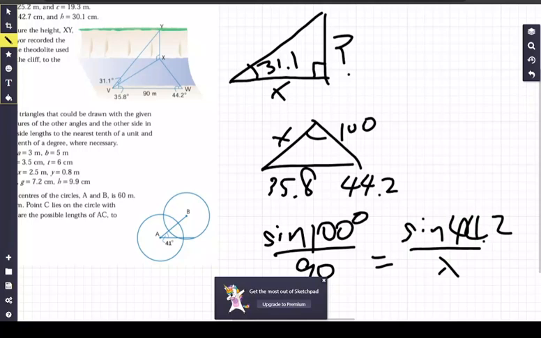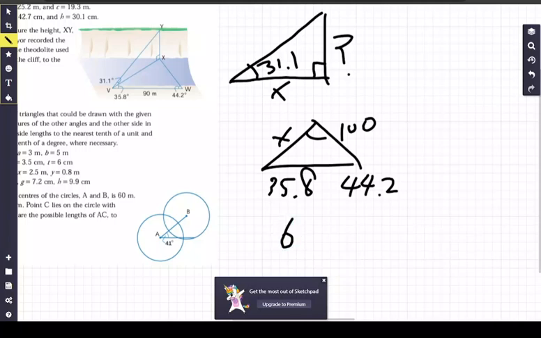Let's calculate that: sine 44.2 degrees times 90 divided by sine 100 degrees. It's going to give us 63.71.